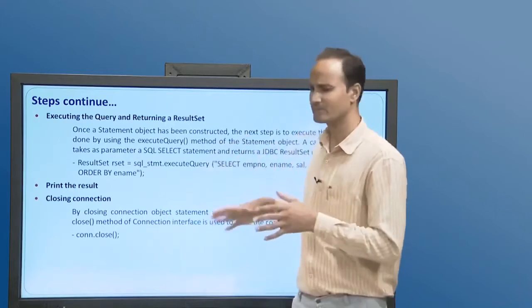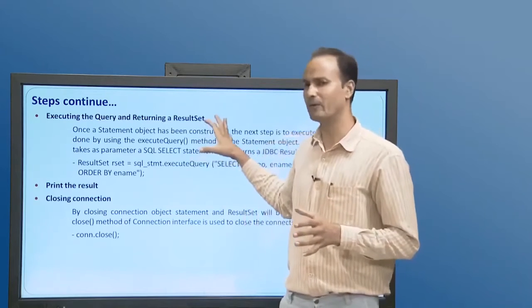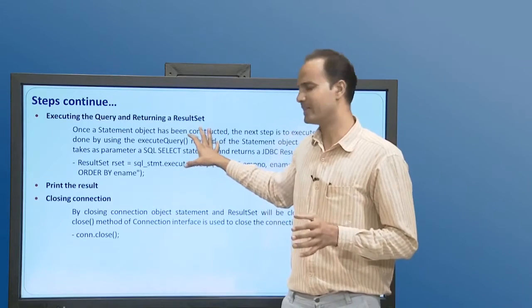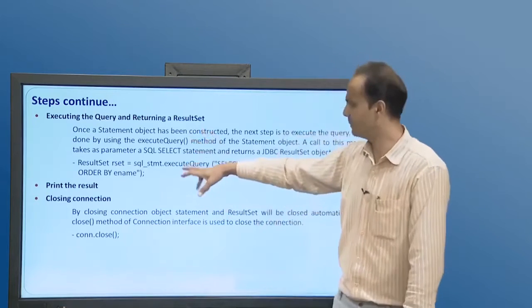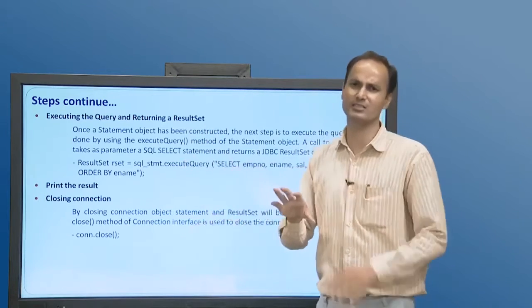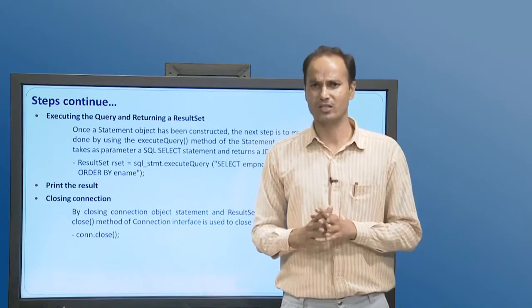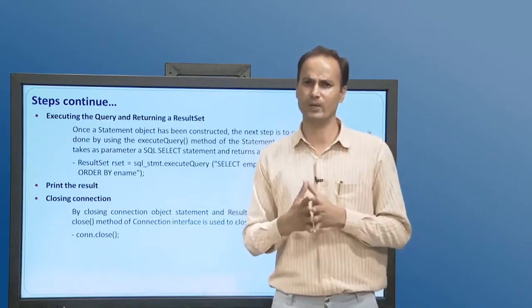After executing the query, we can process the data as per our requirement, then print it, and at last we will close the connection. Once we close the connection, all the instances are closed, which means we release the resources occupied.